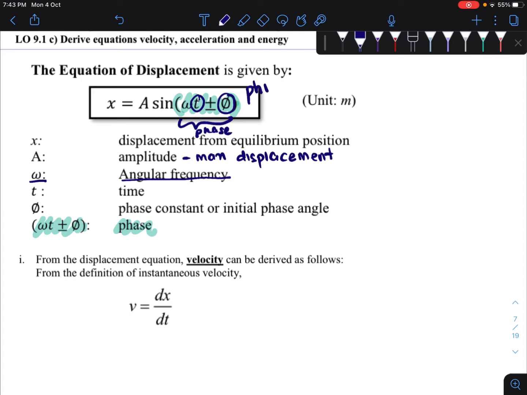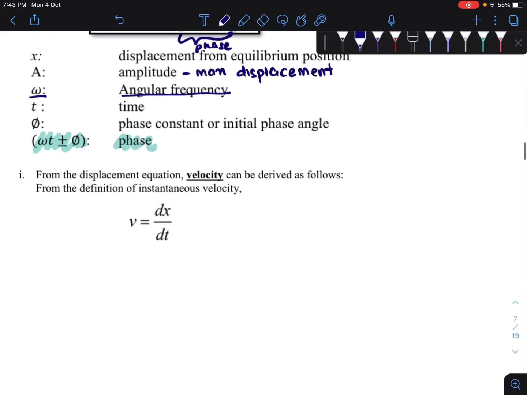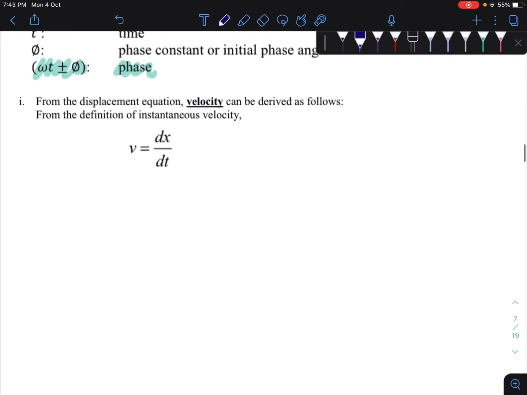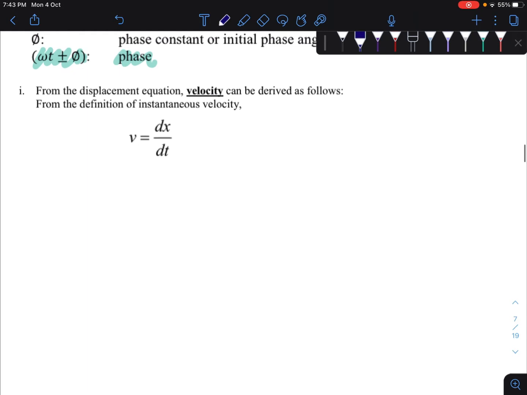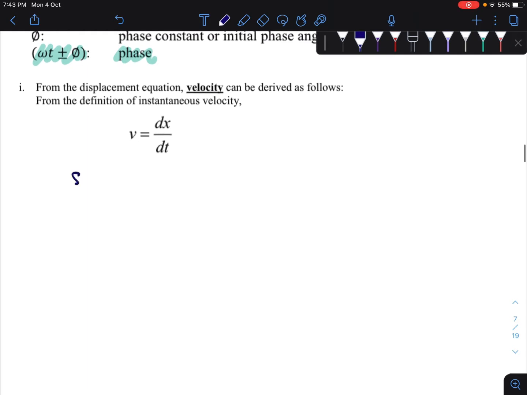To get an equation for velocity, we can differentiate our displacement equation. For example, v equals dx over dt. Since our x is given as A sin(omega t plus or minus phi), this is the first equation.